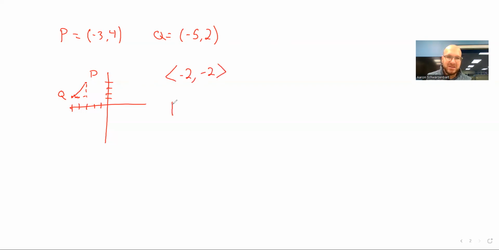To find the magnitude, the symbol for magnitude looks like an absolute value. You can use functionally the distance formula, or I just put that there so I can do -2 squared plus -2 squared. That's 4 plus 4 is, oh, I need a square root.